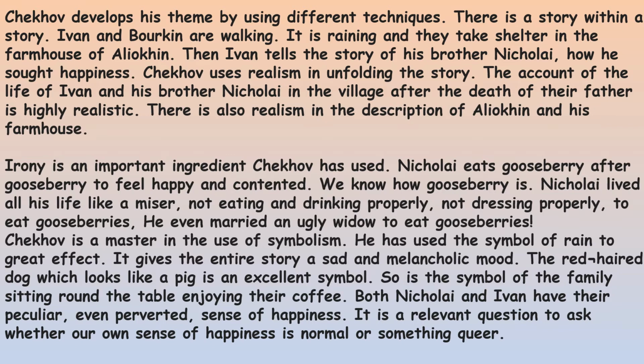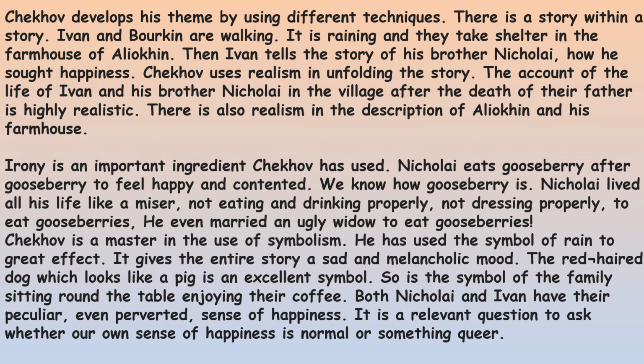Nikolai lived all his life like a miser without spending for necessary things. Not eating good, nutritious food, not drinking properly, not dressing properly. He dressed like a beggar to eat gooseberries. He even married an ugly widow to eat gooseberries.